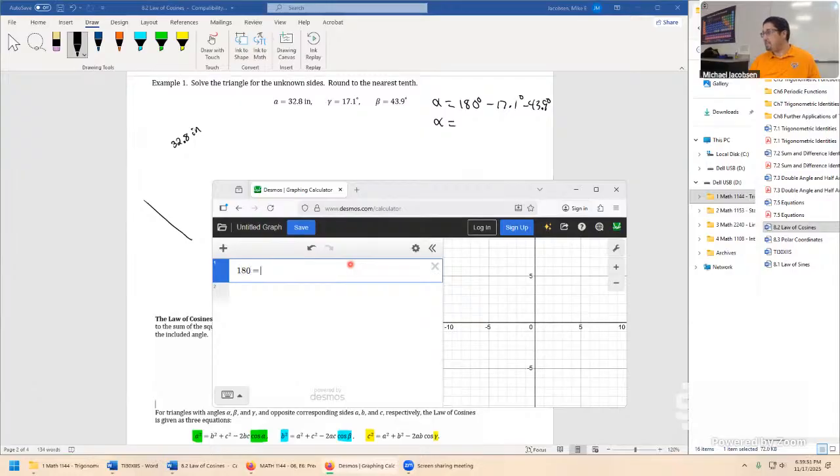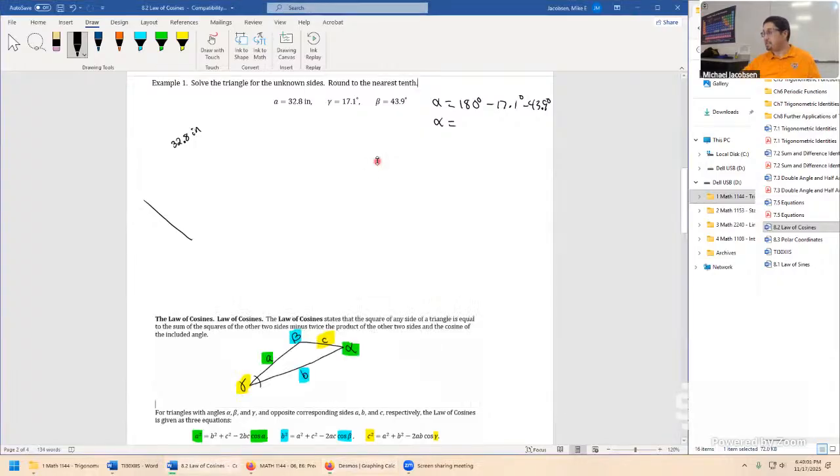Take 180 minus 17.1 minus 43.9, and it's 119 degrees. So 119 degrees will look maybe about like that to my eye. Not quite perfect, but it's definitely more than 90 degrees there. Here's where alpha is, 119 degrees.